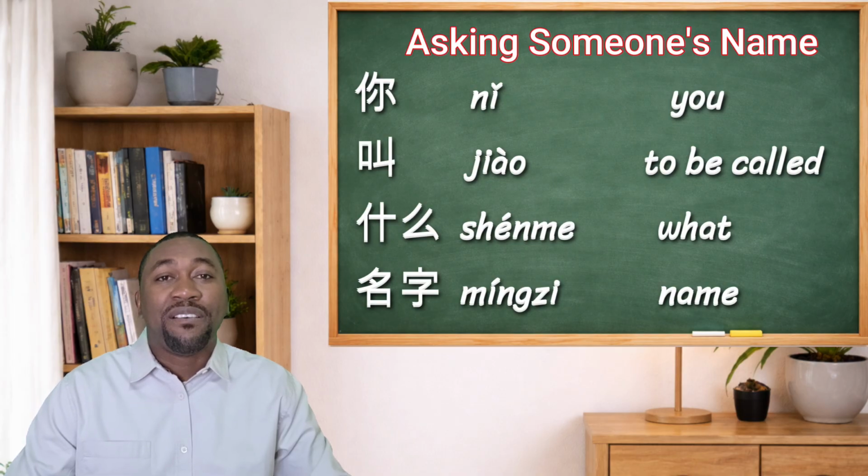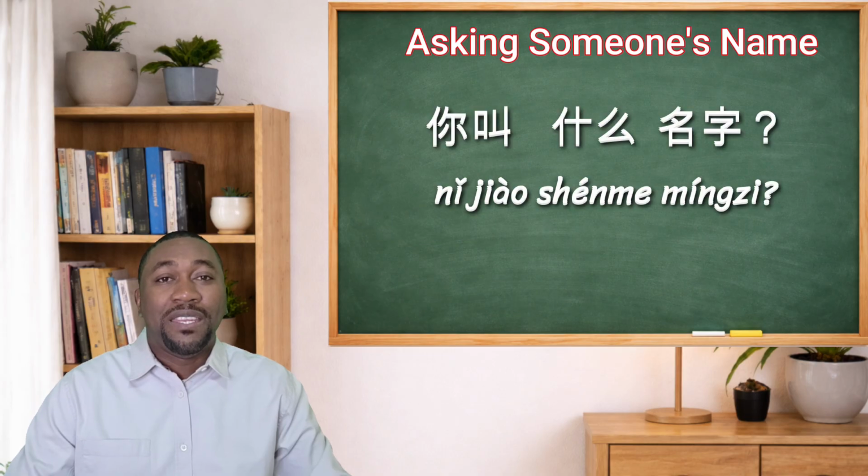And finally we have 名字, which means name. So word for word, it is saying you are called what name? But of course we don't speak like that. We ask, what is your name? 你叫什么名字? Repeat after me. 你叫什么名字?